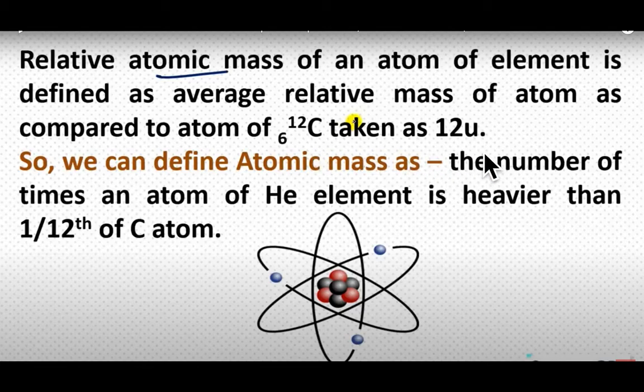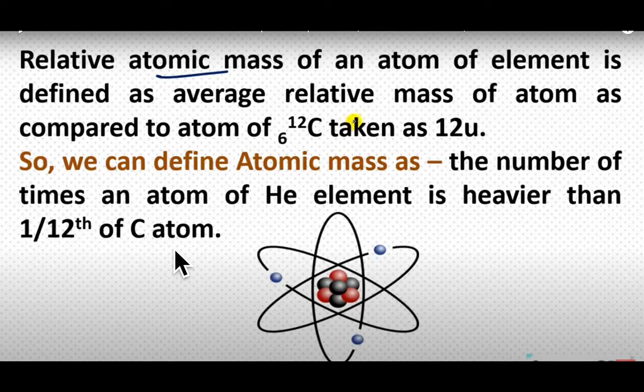What does it mean? It means that we take the mass of an element as a standard one. We take the standard mass of carbon as 12U, and the rest we compare with it, that is, how many times it is heavier or lighter. So we can define atomic mass as the number of times an atom of, for example, helium is heavier than 1/12 of a carbon atom.